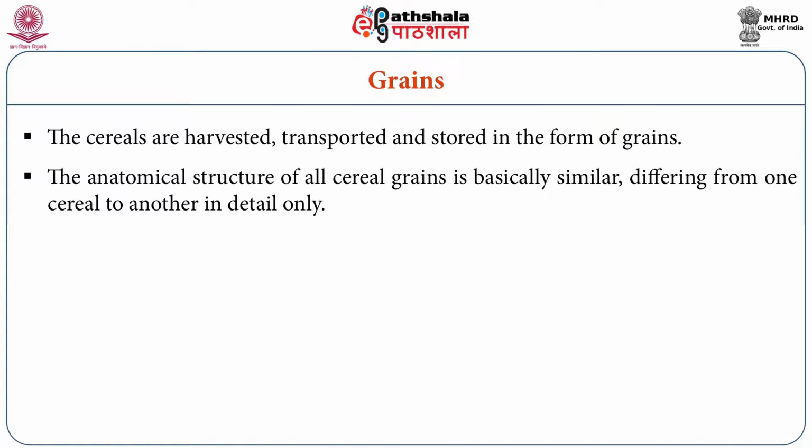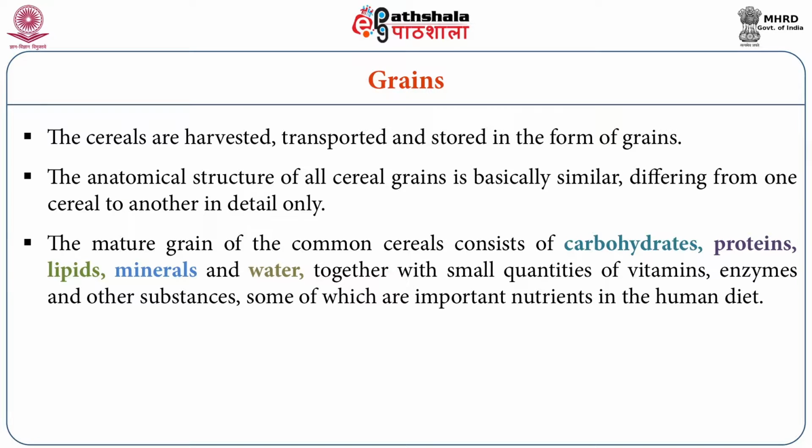The anatomical structure of all cereal grains is basically similar, differing from one cereal to another in detail only. The mature grain of common cereals consists of carbohydrates, proteins, lipids, minerals, and water, together with small quantities of vitamins, enzymes, and other substances, some of which are important nutrients in the human diet.